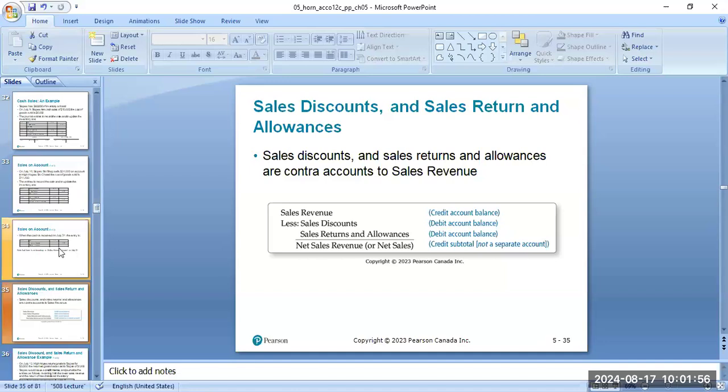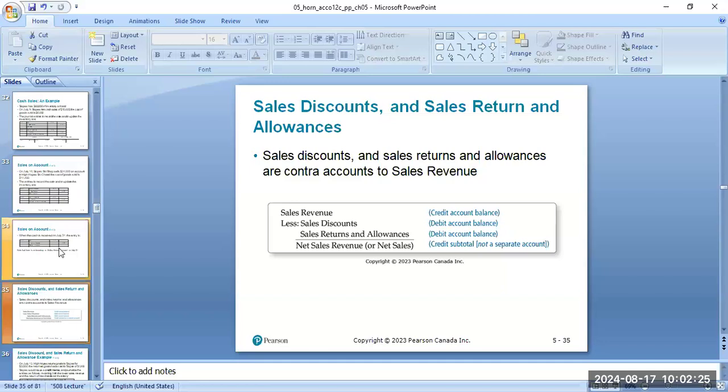Sales discounts, sales returns, and allowances are deducted from the sales revenue. However, they're recorded in separate accounts. Remember this: sales returns, sales allowances, and sales discounts are separate accounts, which are contra accounts to sales revenue.